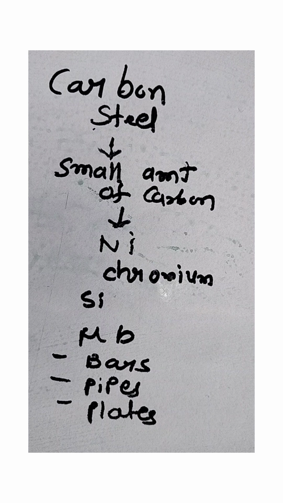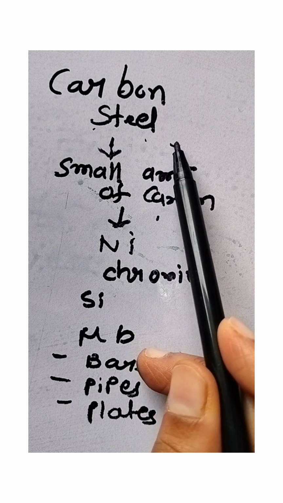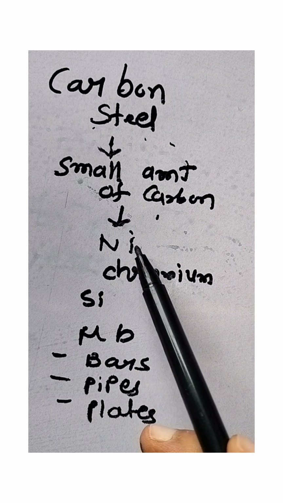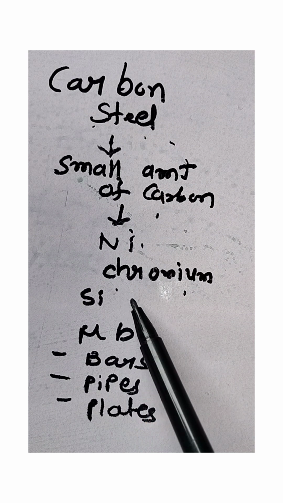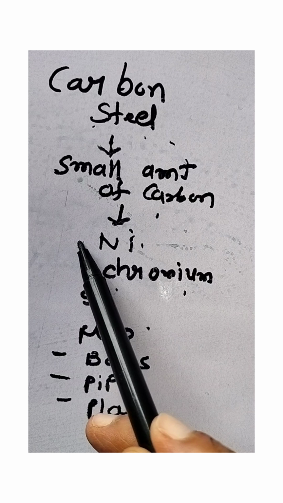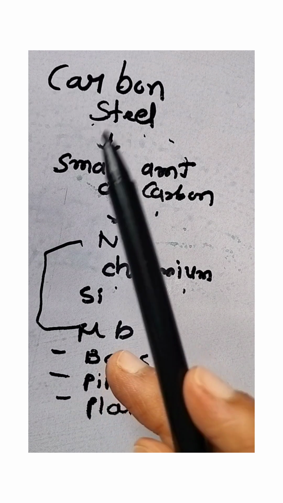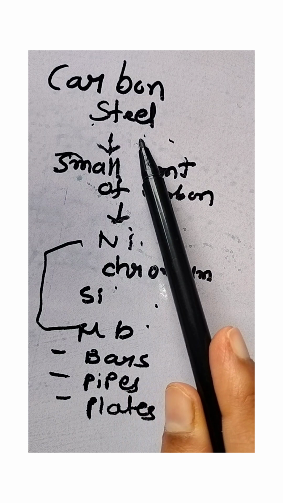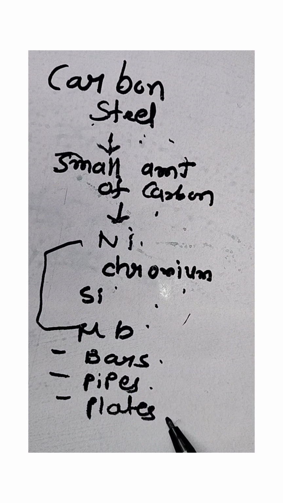Now we will discuss carbon steel, which is the second type of ferrous metal. Here a small amount of carbon is present, and examples of metals present inside carbon steel are nickel, chromium, silicon and molybdenum. These are the four main metals present, and carbon steel is used to make bars, pipes and plates.